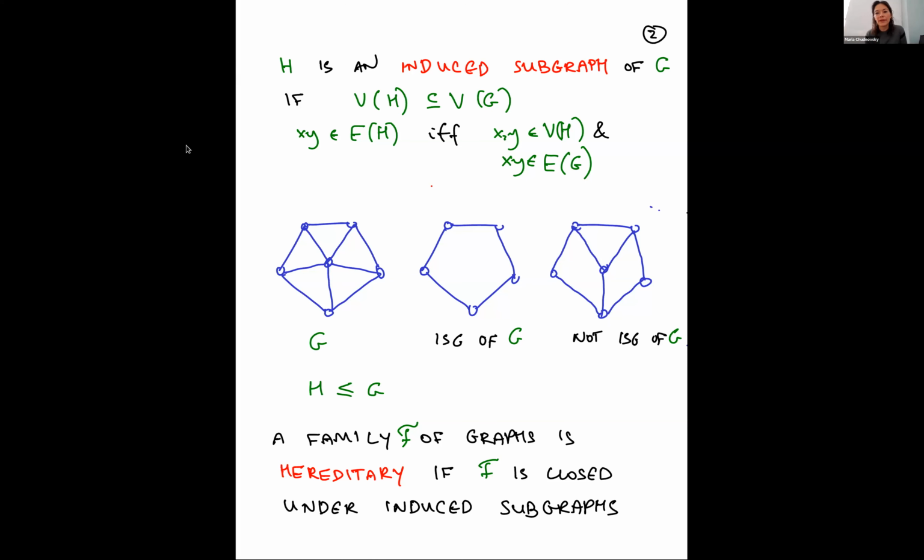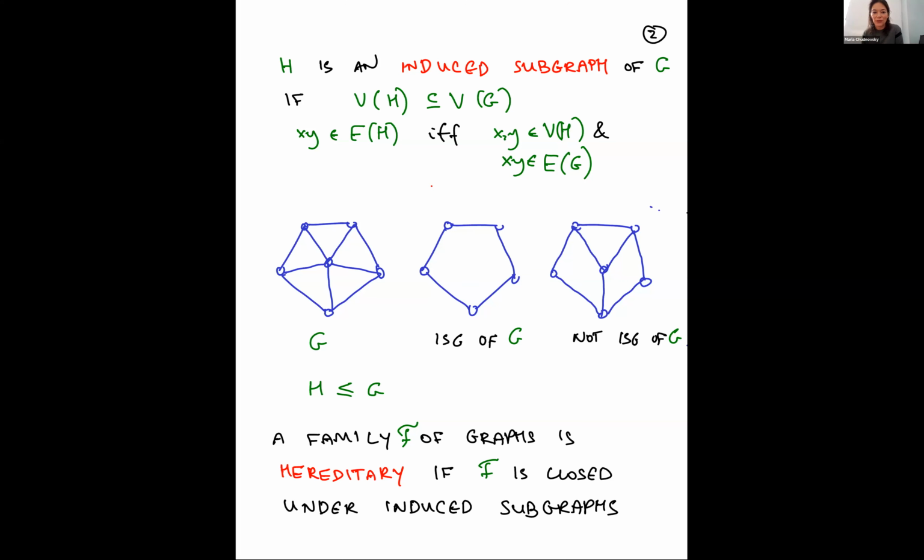So here's an example. This is G. This is an induced subgraph of G, because to get this from that, you delete this middle vertex. But this is not an induced subgraph of G, because to get this right-hand graph from G, you would need to keep all the vertices, but somehow miraculously get rid of this edge and that edge, and that's not an allowed operation.